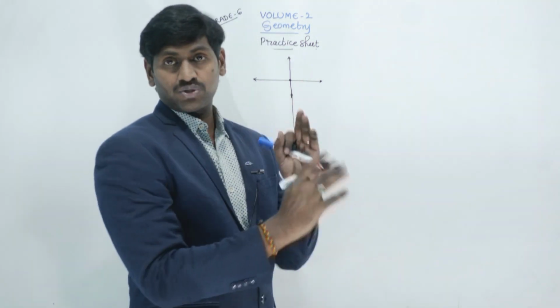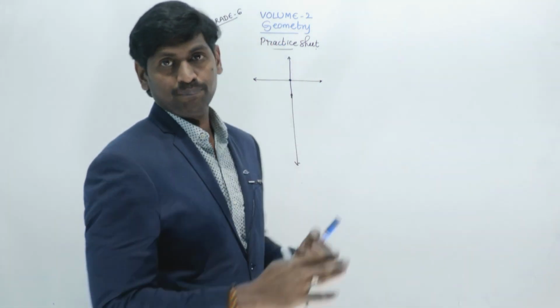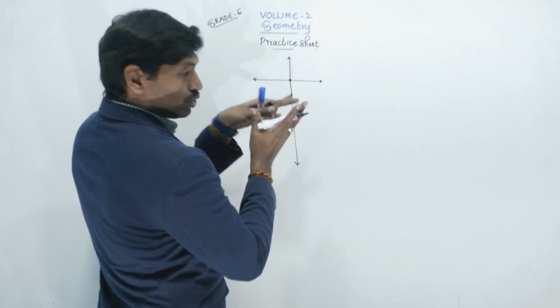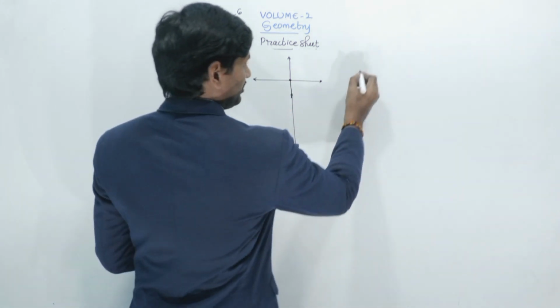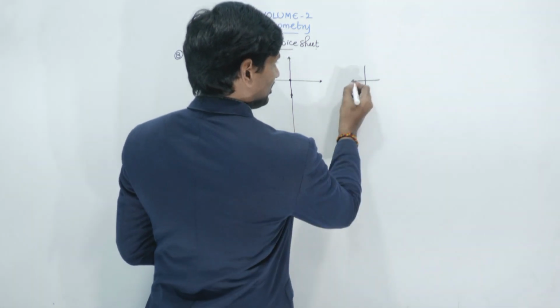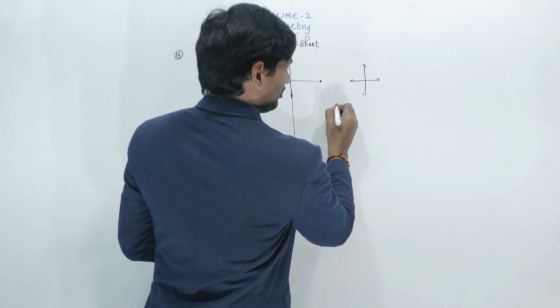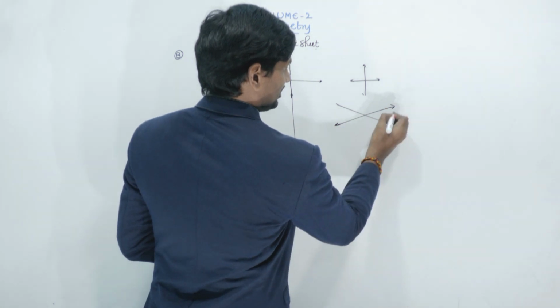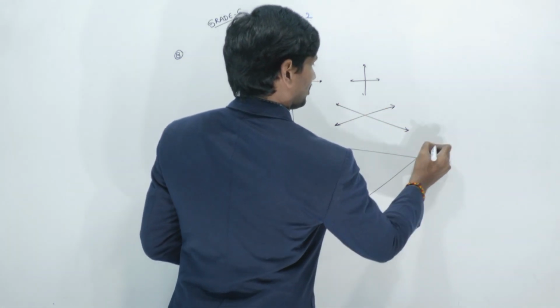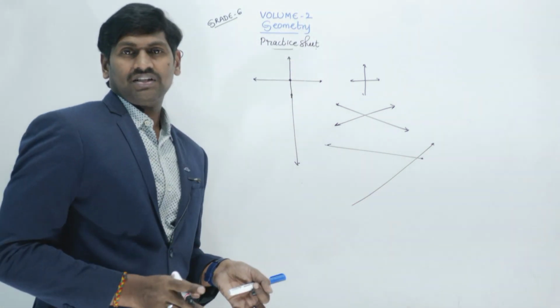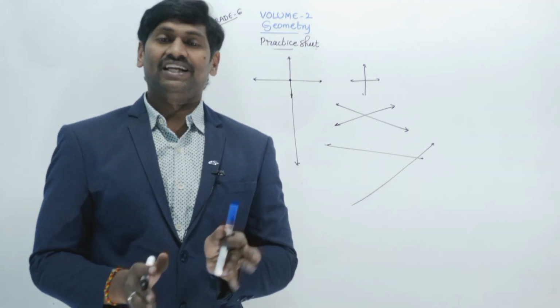This is one of the chances: 2 lines can intersect. When drawing 2 lines on a plane, they can intersect in any manner. They can intersect like this, or like this in the shape of an X, or like this. Whatever, there are multiple options, but they definitely intersect.